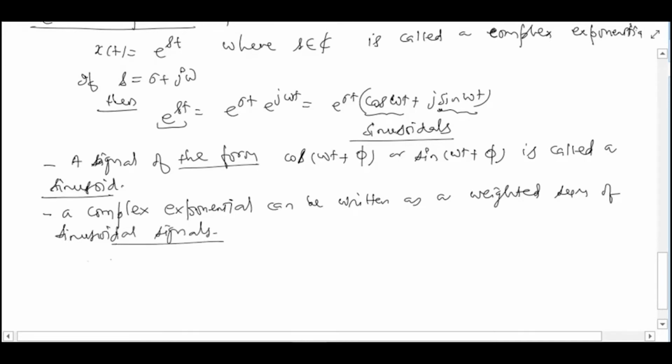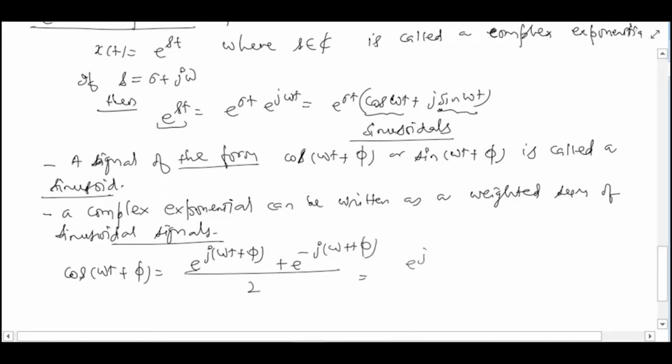On the other hand, if I take any sinusoidal signal, let's say cos(ωt + φ), this can be written as (e^(j(ωt+φ)) + e^(-j(ωt+φ)))/2, which in turn can be written as (e^(jφ)/2) e^(jωt) + (e^(-jφ)/2) e^(-jωt).